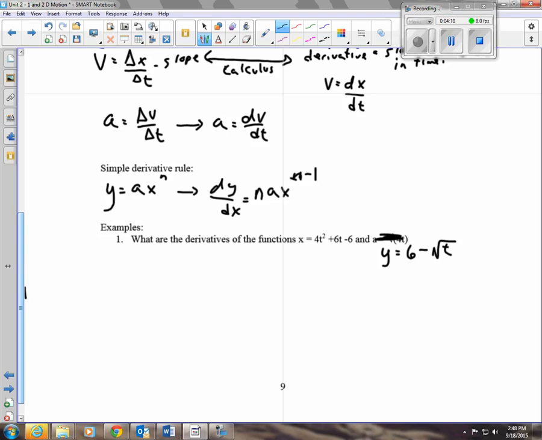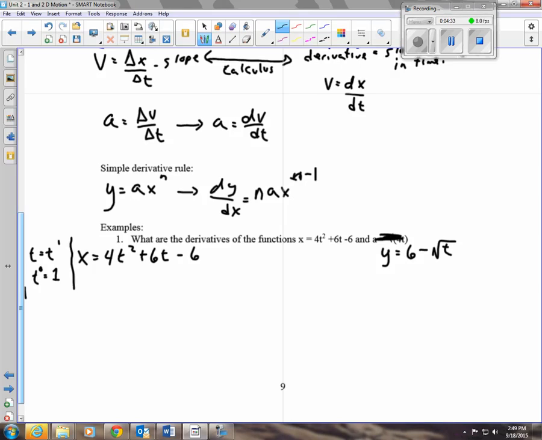Okay? Now, looking at this, the first one is x is 4t squared plus 6t minus 6. Okay? I'll make a note over here. t is t to the first power. And t to the 0 power is 1.